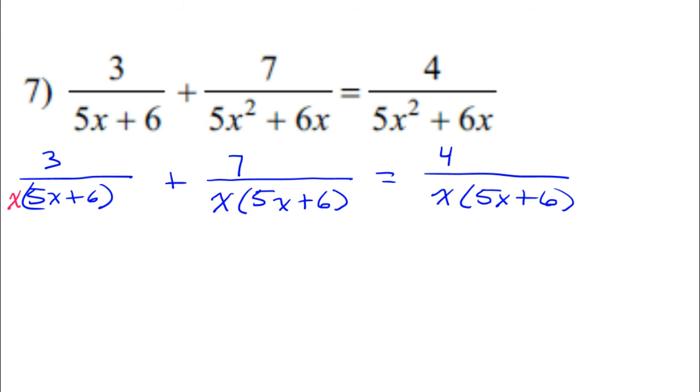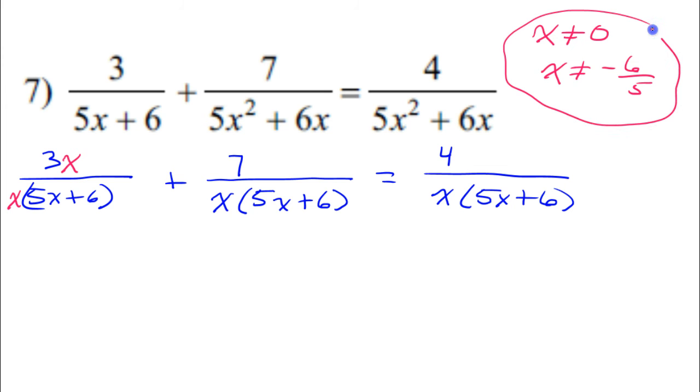To make the denominators the same, all I need to do is put a factor of x right here, which is valid as long as I put an x in the numerator as well. Before I cancel out these denominators, now would be a good time to state the excluded values. x cannot equal 0 because of the x here, and x cannot equal negative 6 over 5.